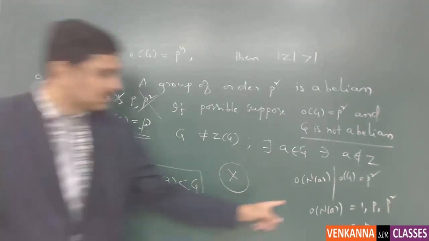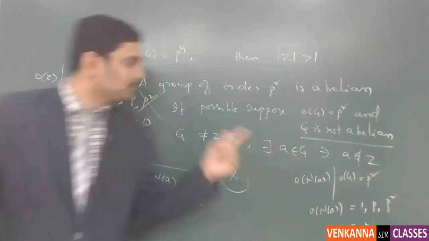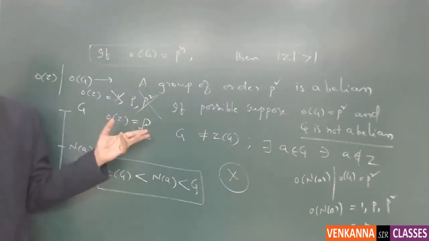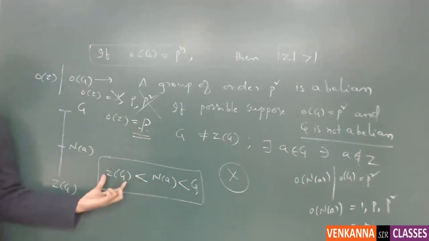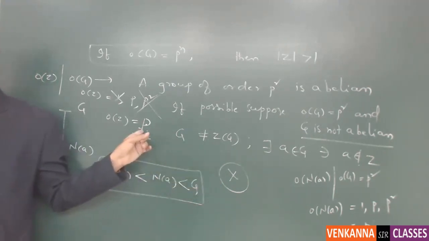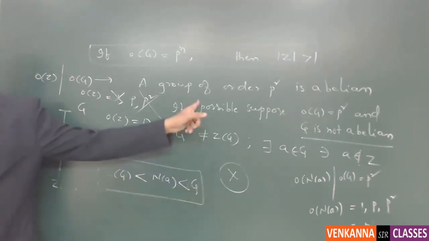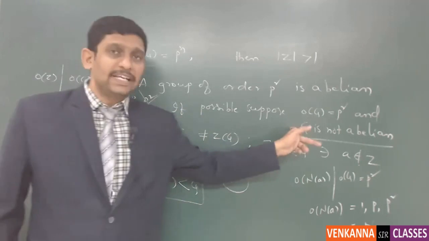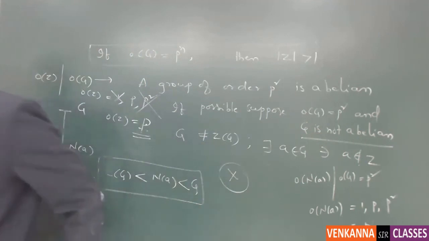You have proved that order of N of A is P. N of A contains exactly P elements. Order of Z is P, which means the center contains exactly P elements. So here you are saying that this is a smaller set, this is a larger set. A smaller set and a larger set both have the same number of elements, which is practically absurd. That is a contradiction. The contradiction is arrived because in the beginning you supposed that G is not an abelian group. So G must be abelian. That is the conclusion.